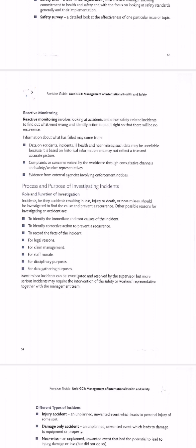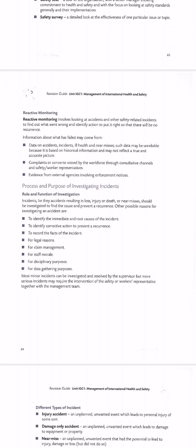So we have to look at the roles and function of investigation. Incidents, being an accident, result in loss, injury, or death. Near misses should be investigated to find the cause and prevent a reoccurrence, right, for it not to happen again.